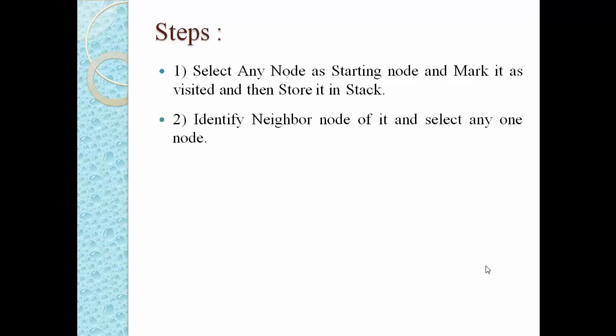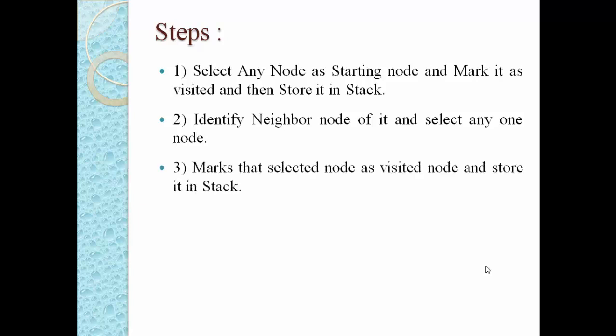The second step is to identify the neighbor nodes of it and select any one node. We explore that node, identify all the neighbor nodes, and among them select only one node.